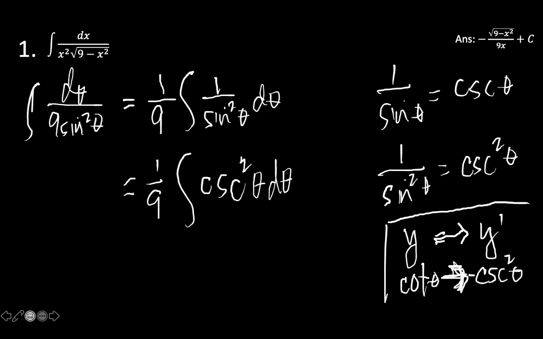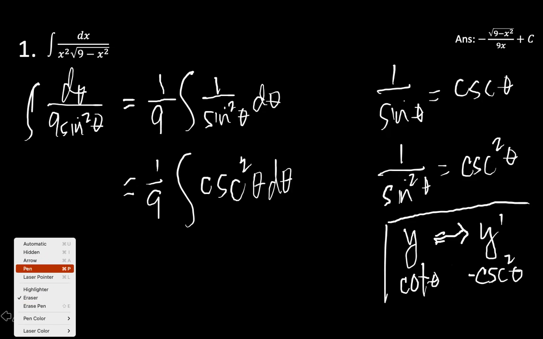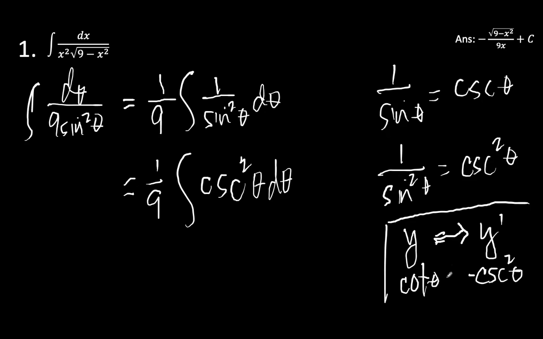Negative cosecant squared theta. So therefore, if we're going to take the integral of this, then the integral of cosecant squared theta is equal to negative cotangent theta, right?